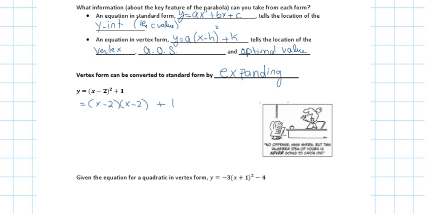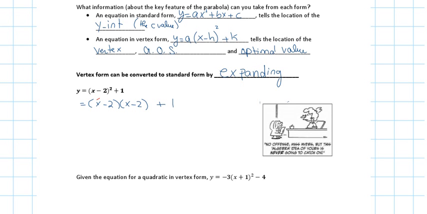Expand means FOIL, which means first, x squared, then negative 2x, negative 2x, plus 4. Now here is my plus 1 that I can't forget about, so I write that plus 1 here. Now I can collect my like terms.